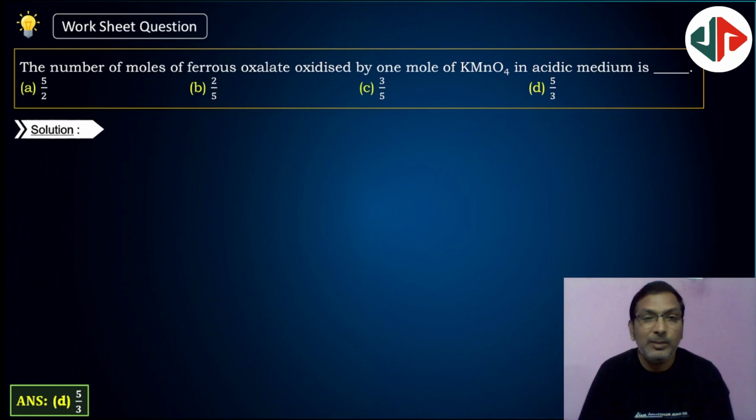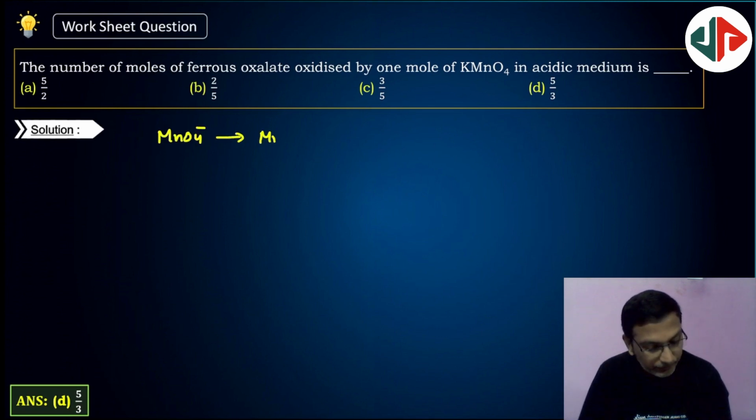So, very important model. Number of moles of ferrous oxalate oxidized by 1 mole of KMnO4 in acidic medium. So, for KMnO4, I am taking here MnO4 minus changes to Mn2 plus. So here oxidation state is plus 7 and here plus 2.